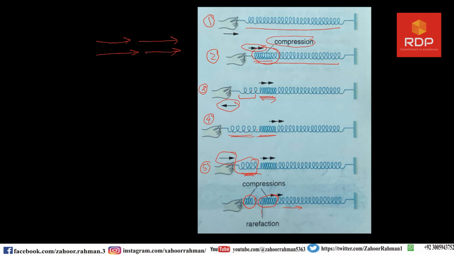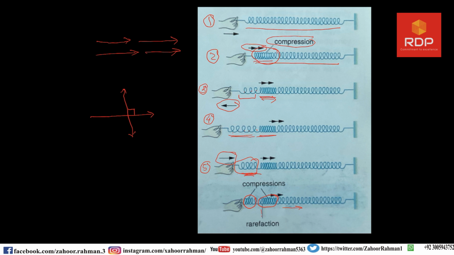So they are parallel. Just like in the case of transverse waves, the wave is moving in this direction, but the medium particle is moving up and down, so it means it is at 90 degrees, and generally we can see that the medium particles are vibrating perpendicular to the motion of the wave. So that is the main difference.